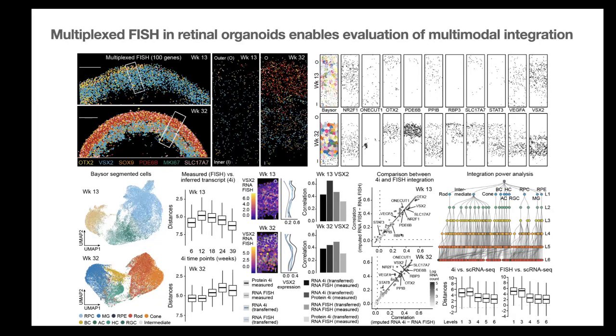You match these and then do correlation. For highly expressed transcripts, the predictions work pretty well. For lowly expressed transcripts, it's not working as well.